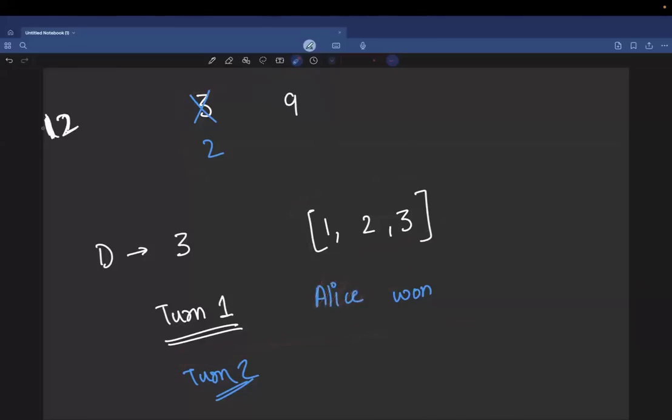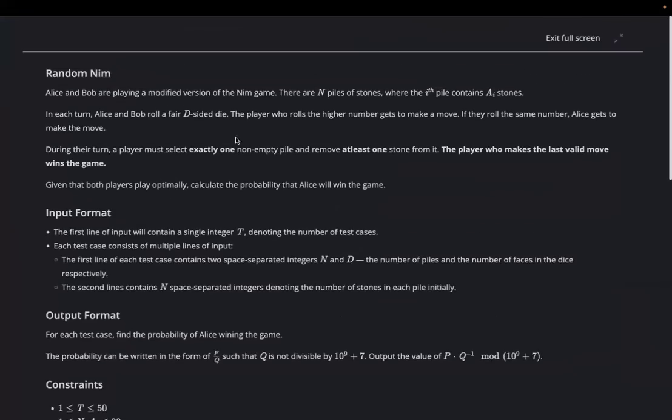This was the main observation, that it doesn't really matter who won the first round, who won the second turn, who won the third turn, and so on. At the end of the day, one stone would be removed from the piles. Again, it doesn't really matter in which order it gets removed, because our winner depends upon only the last stone.